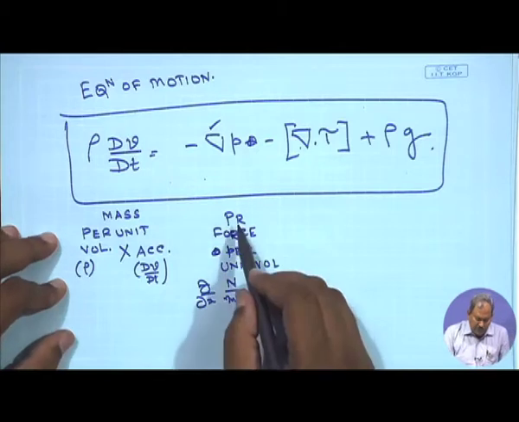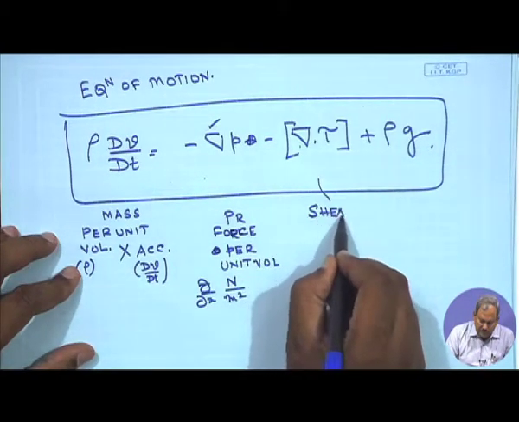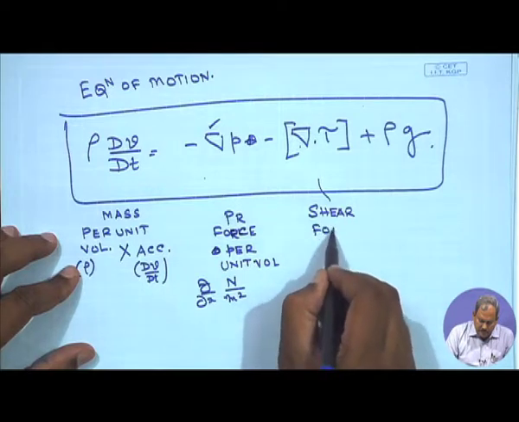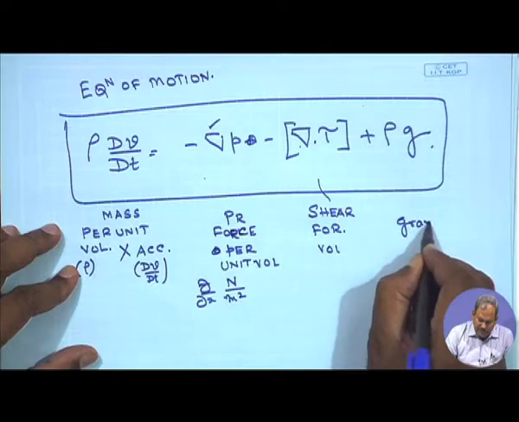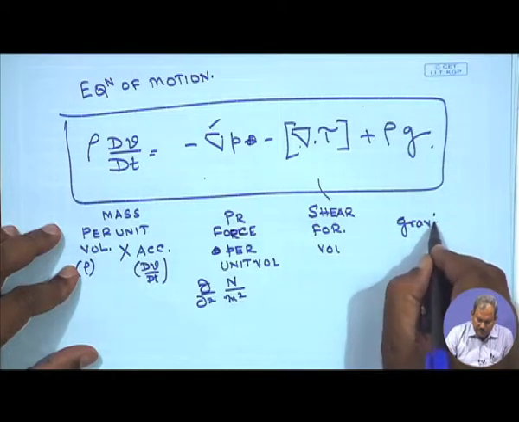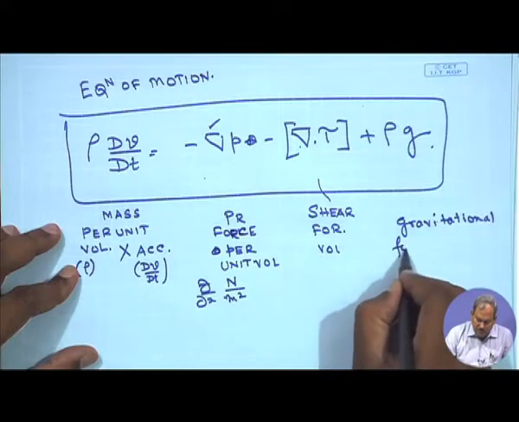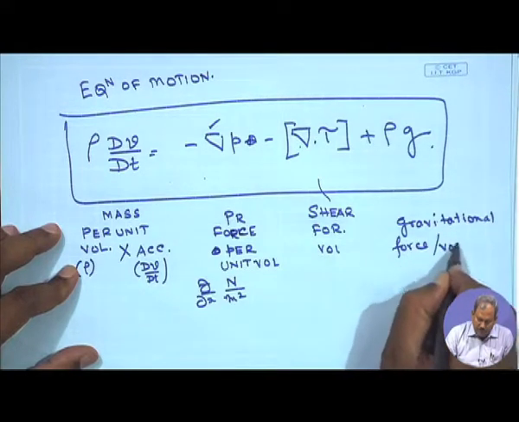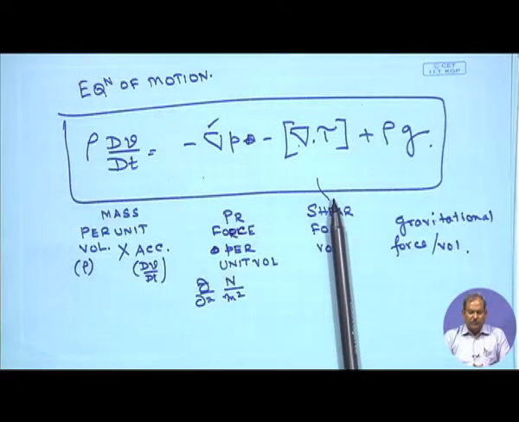Due to tau, this is shear force per unit volume, and this is gravitational force per unit volume.